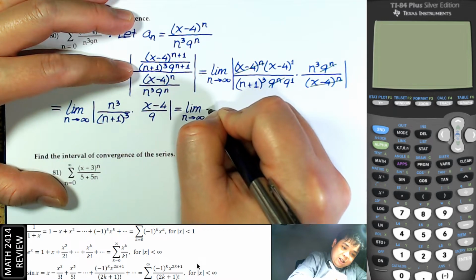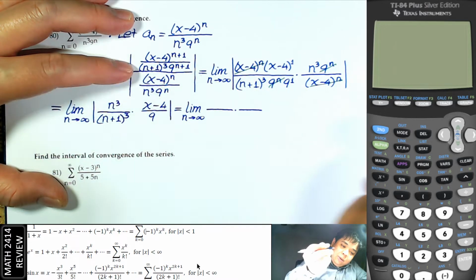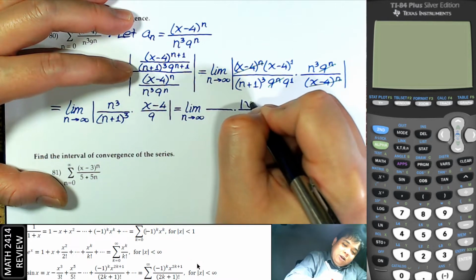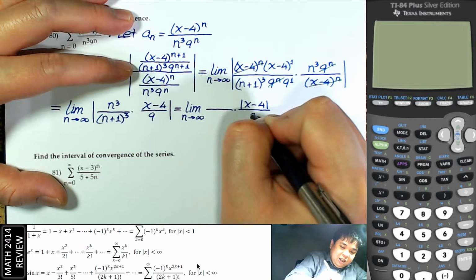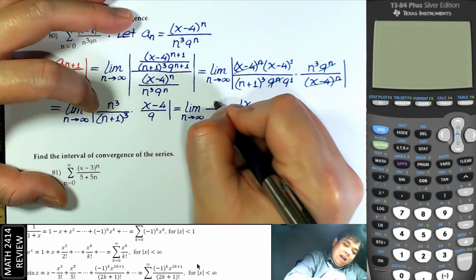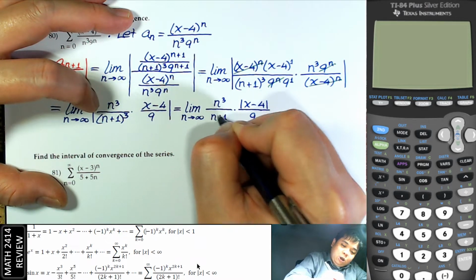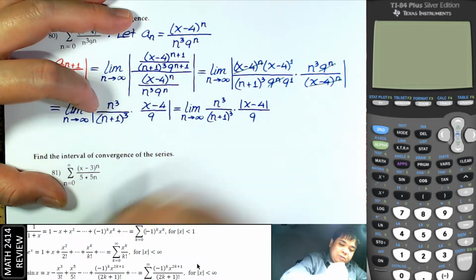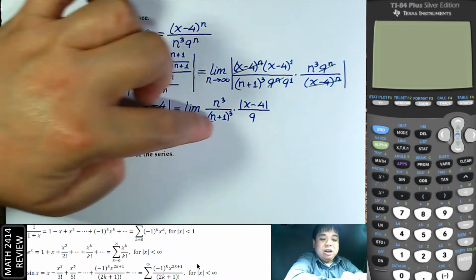In this case it will be just the absolute value of x minus 4, because that potentially can be negative. 9 cannot be negative. The n cubed cannot be negative. The n plus 1 cubed cannot be negative. That's what we have, only need absolute value for that.